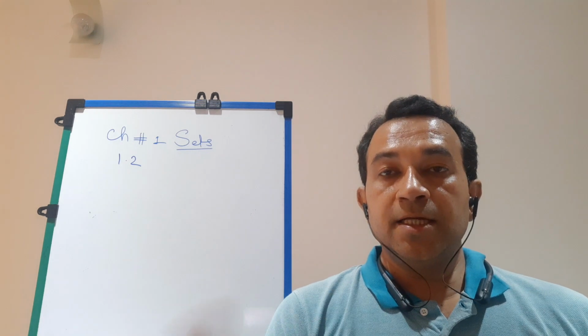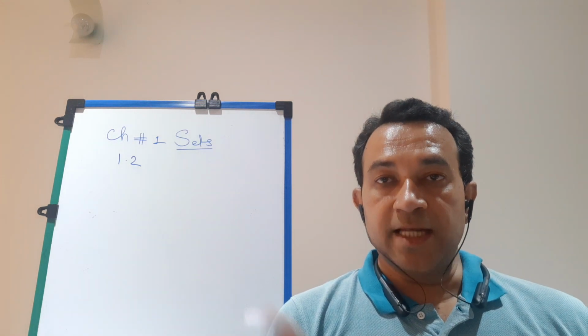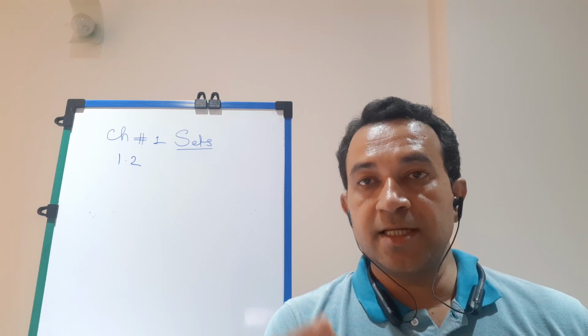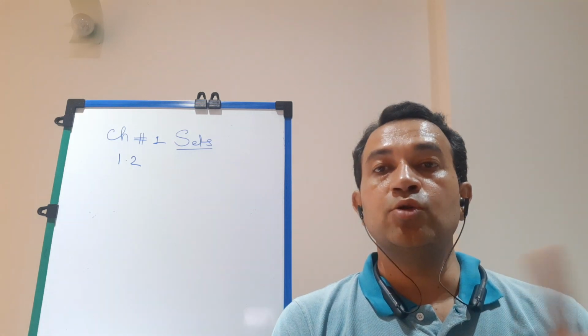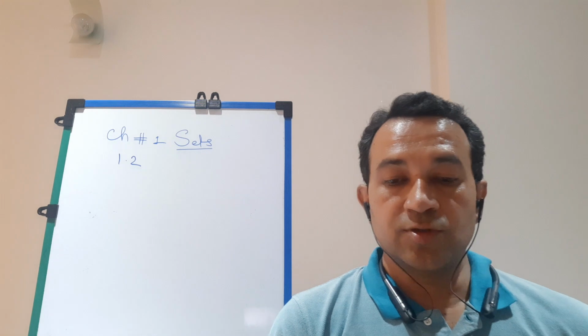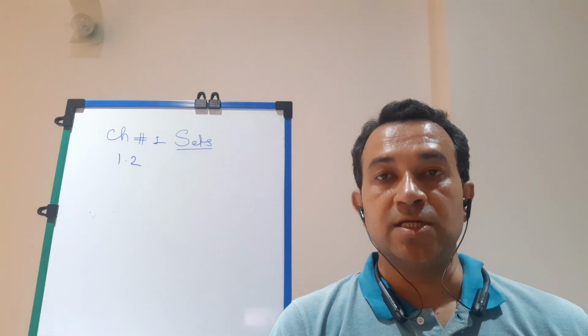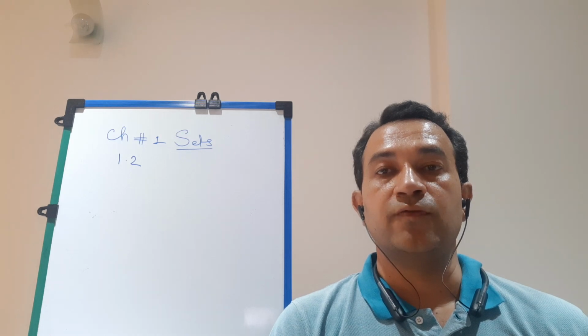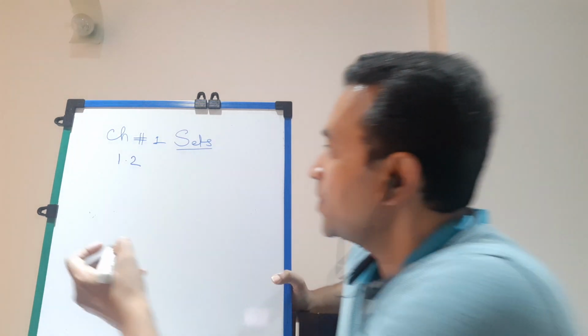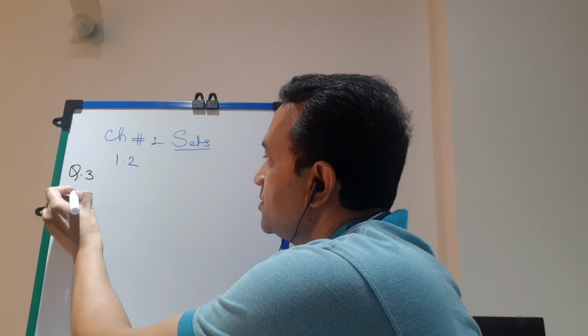So I am writing the answer for both cases. If it is minus 3 less than x less than 7, then I do not have to include minus 3. So if that is the case, the answer would be minus 2, minus 1, 0, 1, 2, 3, 4, 5, 6.